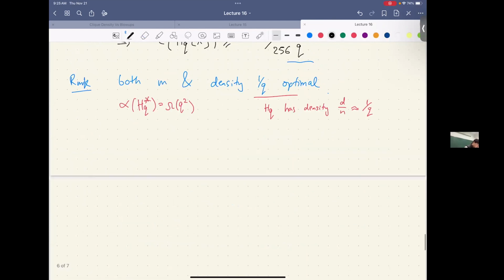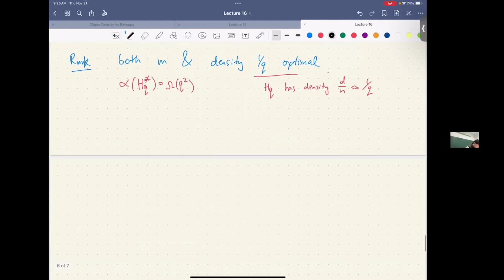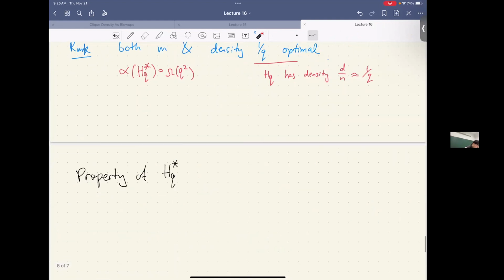Maybe there's some property I need to prove about this graph, HQ star. So a lemma is here. Property of this HQ star, what do we know? It's K4 free, locally dense.